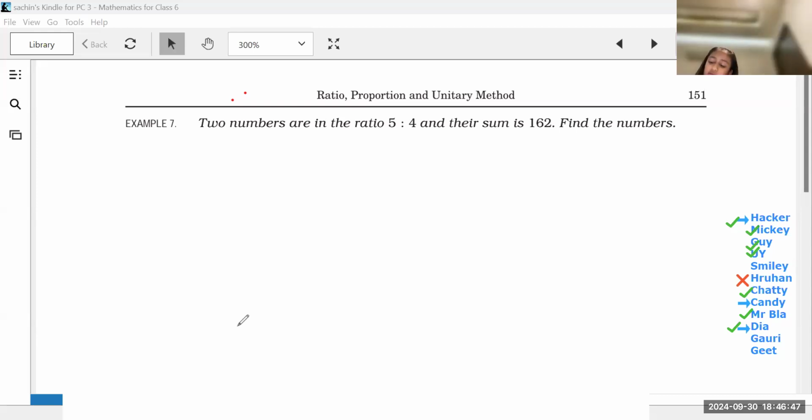So after Smiley gives the answer, can I speak? Ruhan Arora ji. So can I give my answer? Can I speak? Are you doing the homework, Ruhan Arora? Whatever I have posted the chapters, are you doing it? Yes, sir.